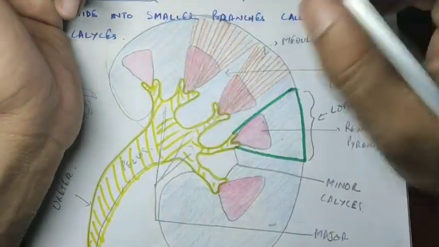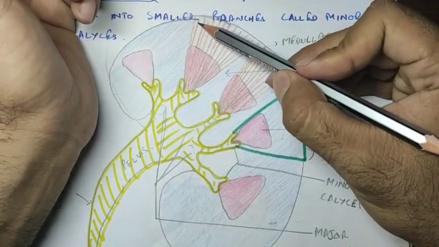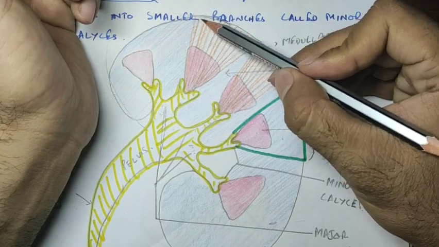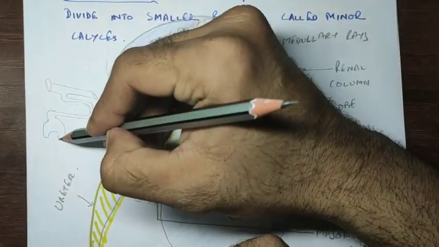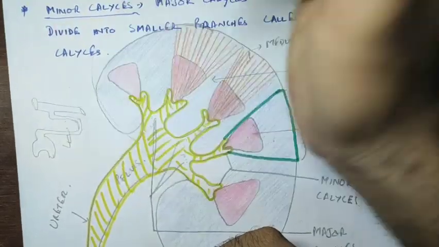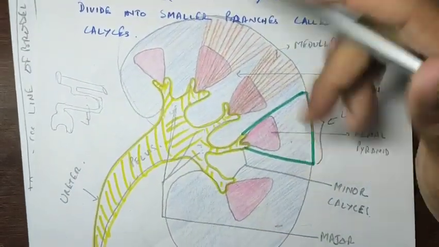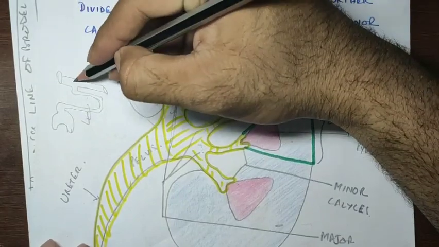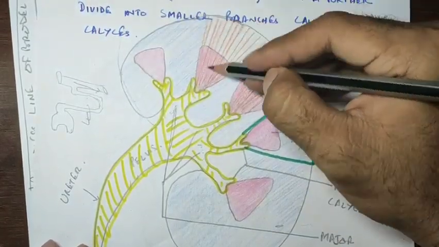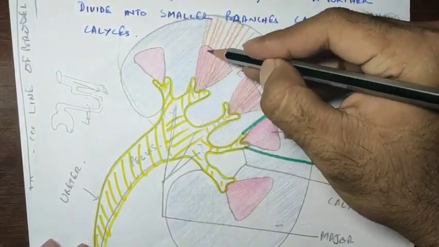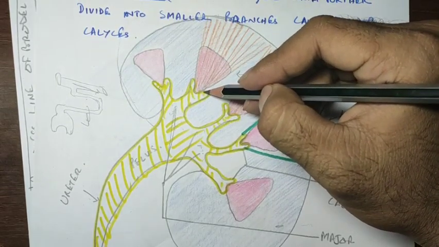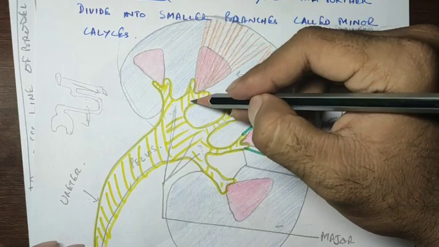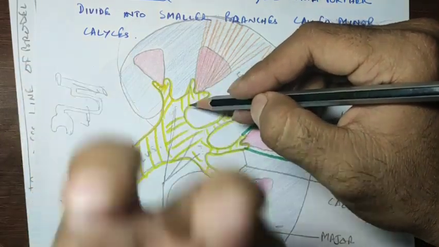So here also the filtration by the kidneys is done somewhere here in the cortical parts by the nephrons, this structure. And then the urine will be collected here and it will go through these medullary rays into the renal pyramid, and then through the duct of Bellini, which will be acting as a tap, it will be poured into the minor calyces, which will be acting as the glass.